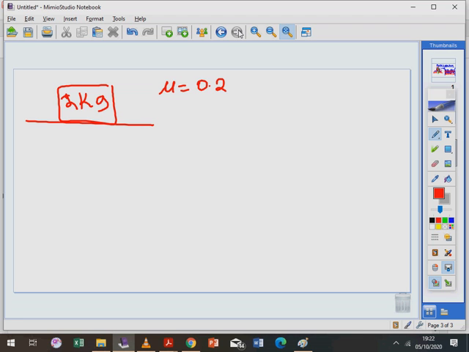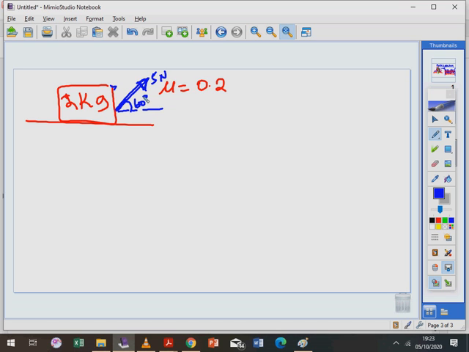Alright, so we have a coefficient of friction of 0.2, and the block is sitting on a table. Let's say Hudson wants to move this block, and he applies a force of 55 newtons at an angle of 60 degrees. Is Hudson going to be able to move this block? Let's see.